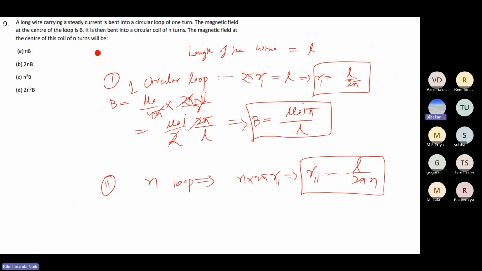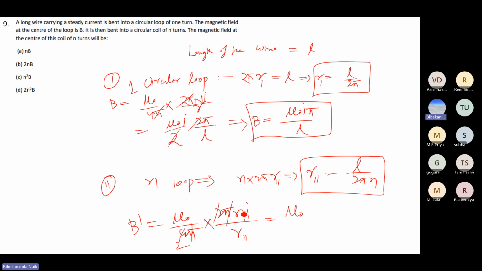In the first case, the magnetic field at the center of loop B is given by mu 0 I pi by L. Now, in the second case, if the wire is converted into a loop so that it contains n turns, similarly the magnetic field B prime will be mu 0 by 4 pi into 2 pi n I divided by 2R. So the 2 pi will cancel out.